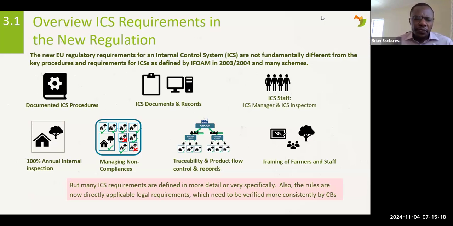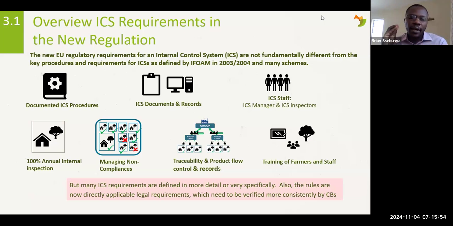We've had a little bit of flexibility in how we run our ICSs, and it was always the duty of the inspector or the certification body to confirm whether the ICS, the way we structured it, is good enough. In this new regulation, there is prescription around so many parts of the ICS. Prescription around the ICS procedures and how we run them. It's the same components, but more prescribed in how we have to run them.